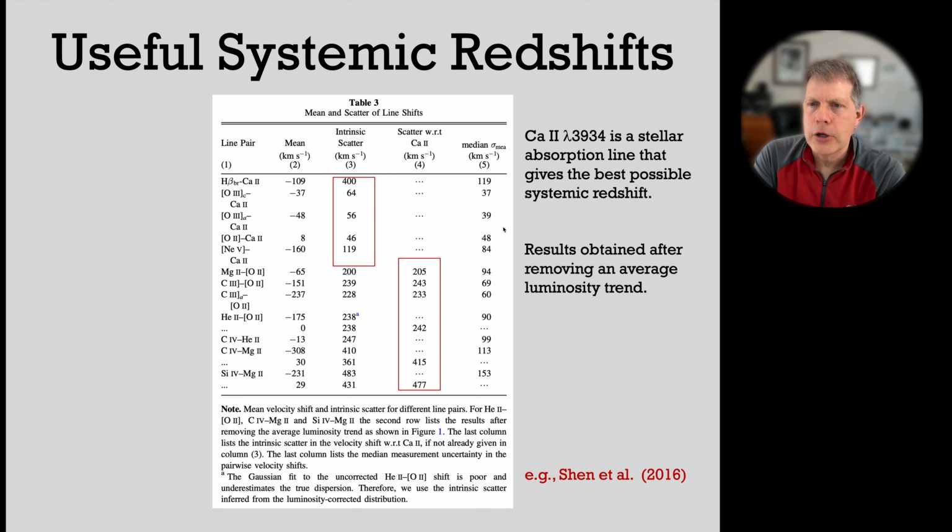And the point here I want to highlight is that if you look at the forbidden lines, like oxygen 3, even better oxygen 2 here, they can typically give you systemic redshifts good to sort of 45 to 65 kilometers per second. You have to be careful to take out luminosity effects. You can see the details in this paper as one example of many.